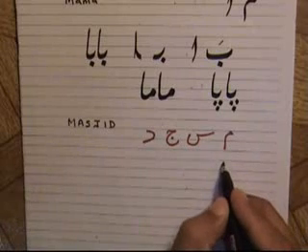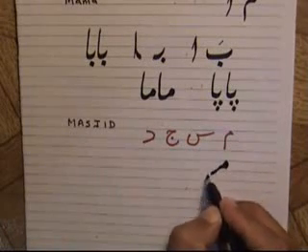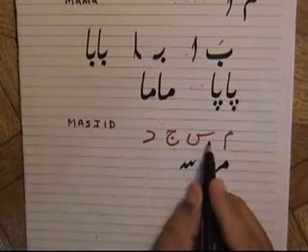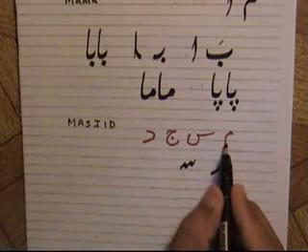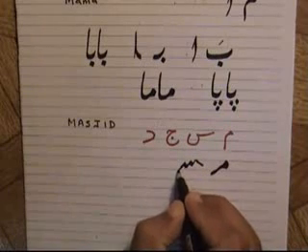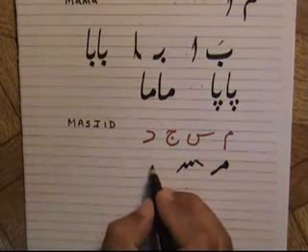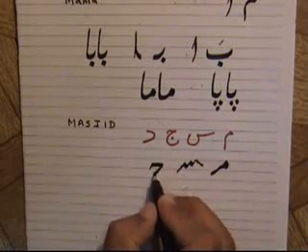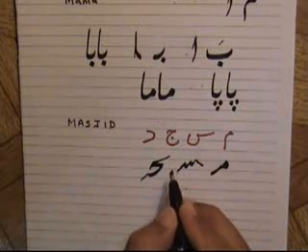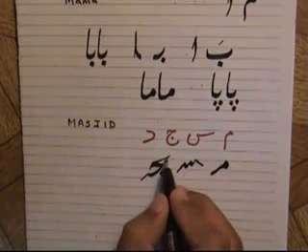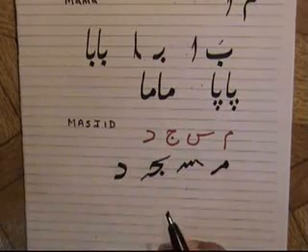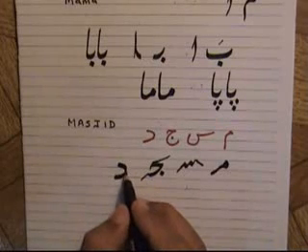So for meme, we need the initial position. For seen, we need the middle position because we have a letter before seen and after seen, so we need one connector here and one connector here. And for jeem, we need one connector here and one here in the beginning. And for dal, we need one connector in the beginning.